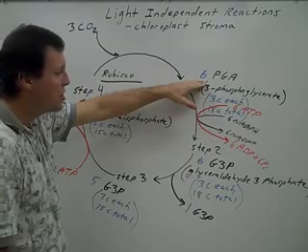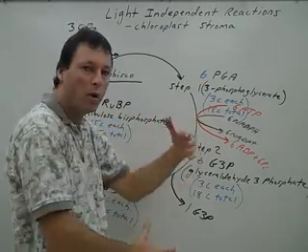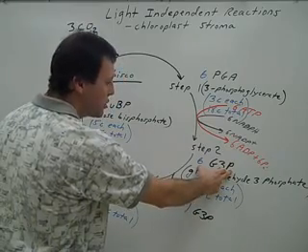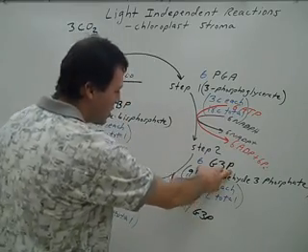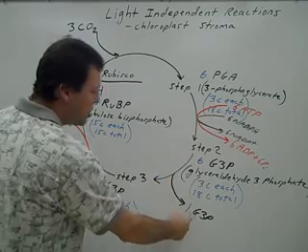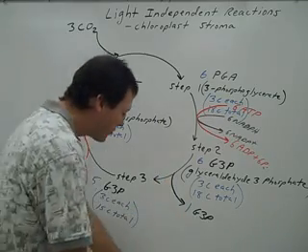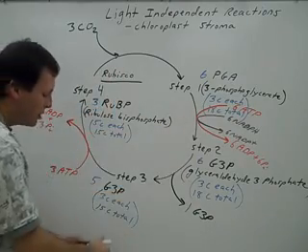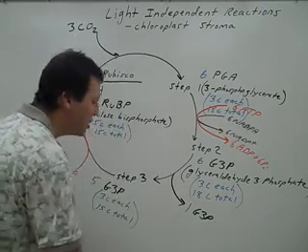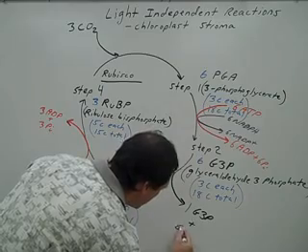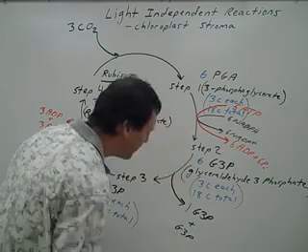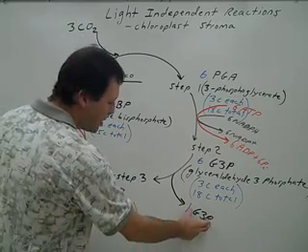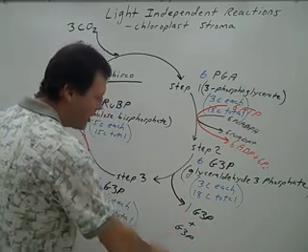These 6 PGAs are going to get some energy. We're going to rearrange the atoms, and we're going to end up with 6 G3Ps. This is very important because at this point we're going to lose one of those G3Ps. And the next time this cycle comes around, we're going to lose another G3P. So I'll put another G3P here. Each G3P has 3 carbon atoms plus 3 more carbon atoms.